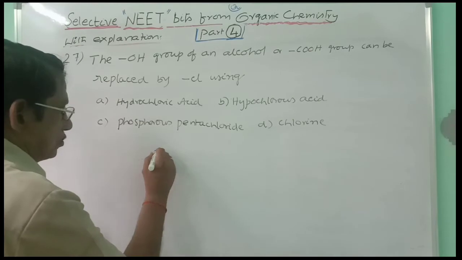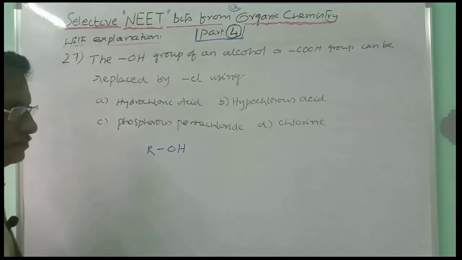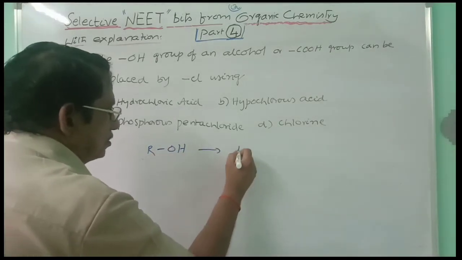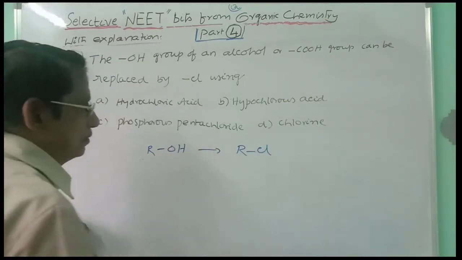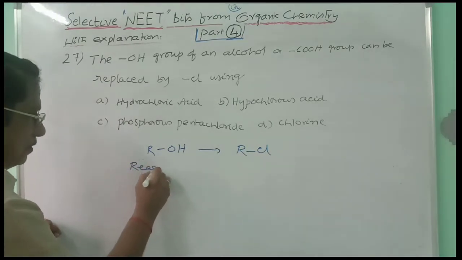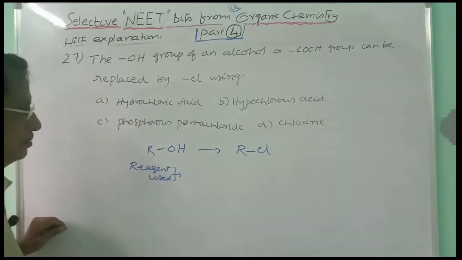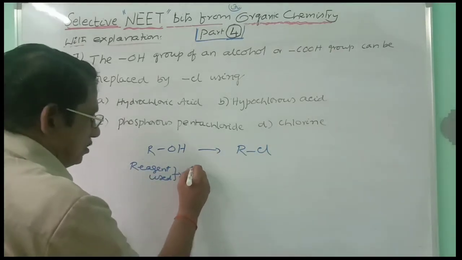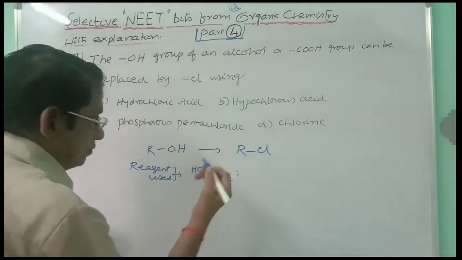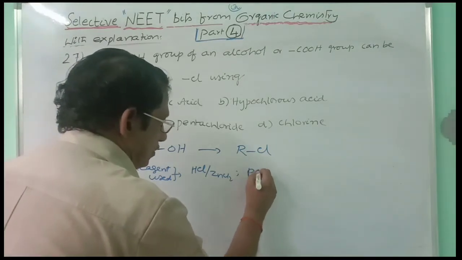The OH group, whether it is alcohol or COOH, this can be replaced by Cl. Generally, the reagent used here, you know pretty well. One is HCl in the presence of ZnCl2. The other one is PCl3.